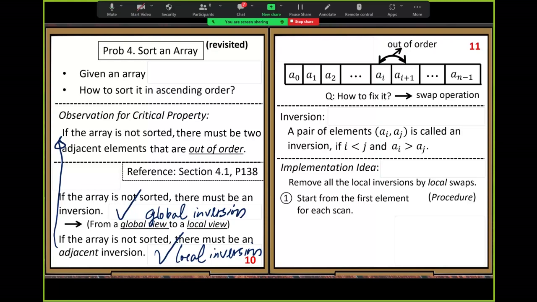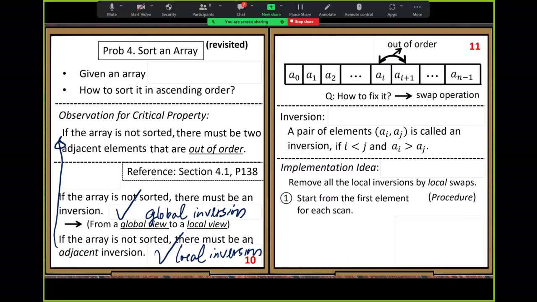If not, move to the next adjacent pair until we reach the end. That's for one scan, the first scan. After we first scan from beginning to end, which element is in place? Can you tell me after the first scan which element is in place?